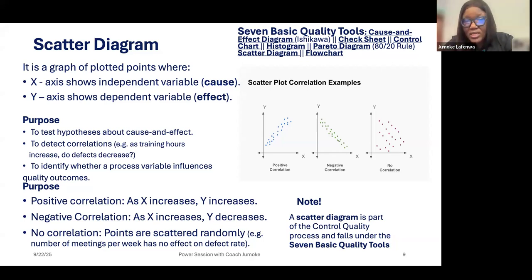So all you need to do as a leader is to be able to identify the 20% of your team members that will help you achieve the 80%. The remaining 80% of your team members will help you achieve the remaining 20%. So you want to spend your time more on those that will help you achieve the greatest portion of the work that needs to be done.